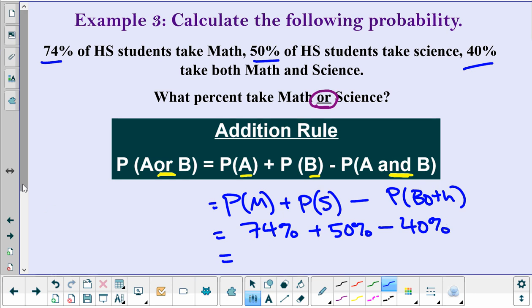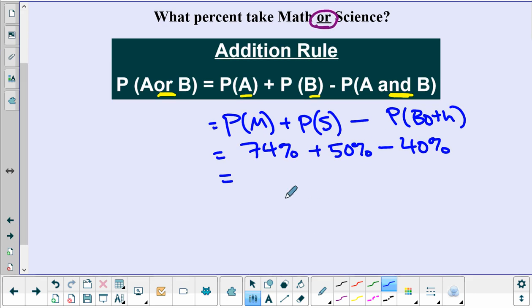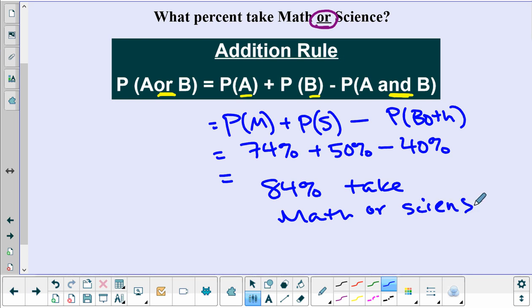So the probability that somebody takes math or science, 50 minus 40 is 10. So if I add 10 to the 74, I've got 84% take math or science. Science I can spell. Okay.